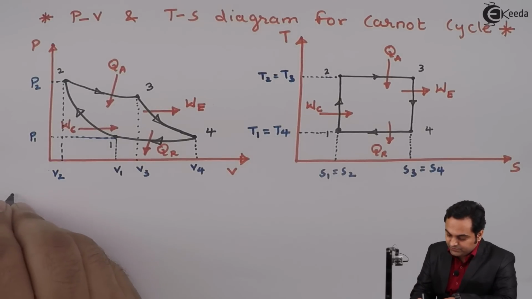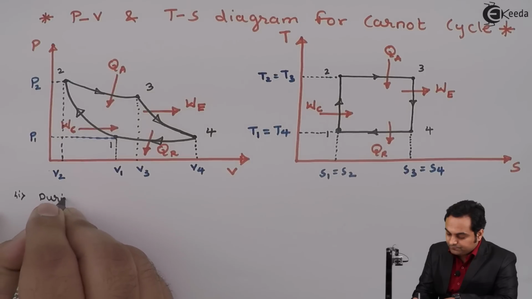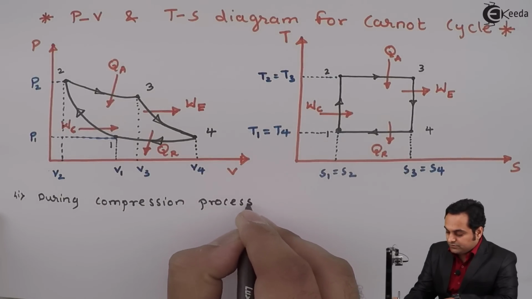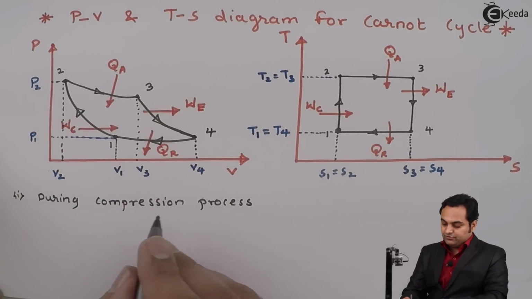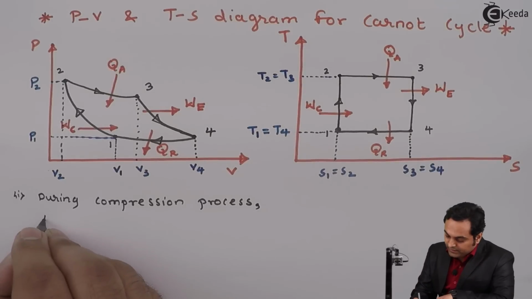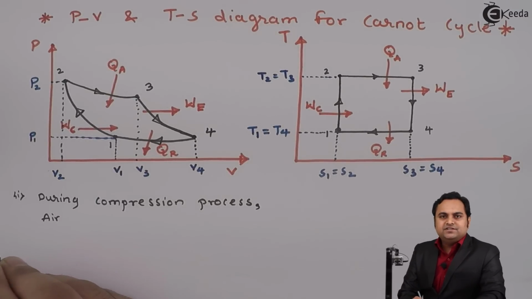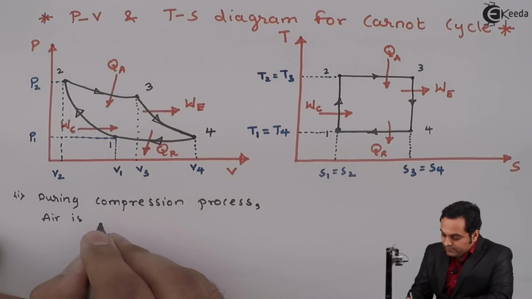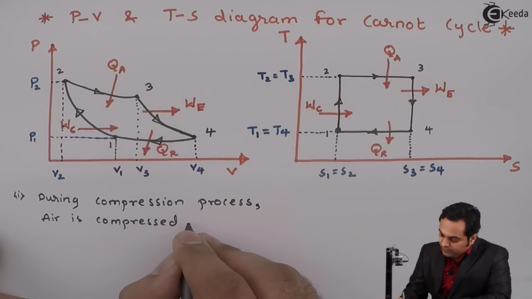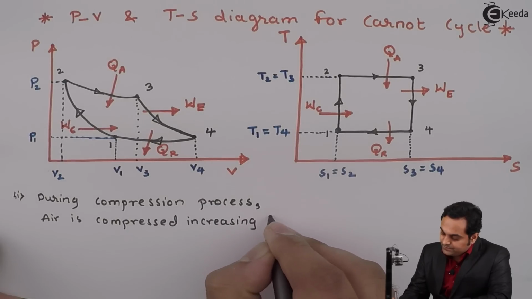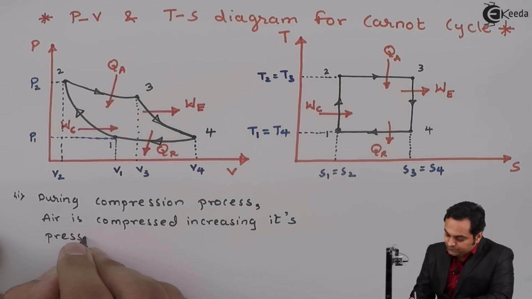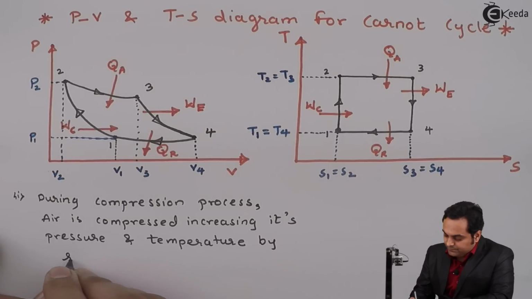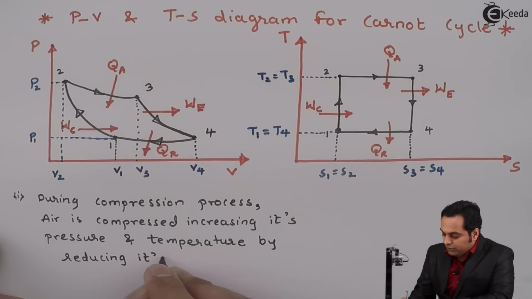I'll write some important points here, that during compression process, because the first process is reversible isentropic compression, so during the compression process, air, as we are using air as a working medium for the air standard cycles or gas power cycles, in that the working medium assumed is air, so air is compressed, increasing its pressure and temperature by reducing its volume.